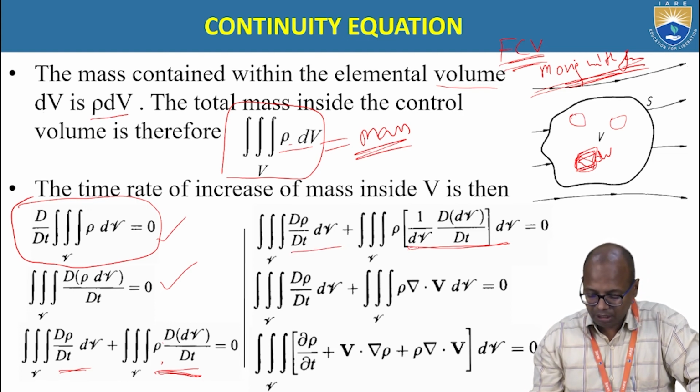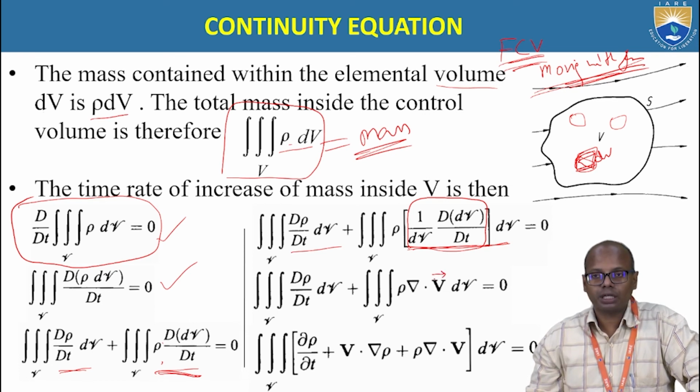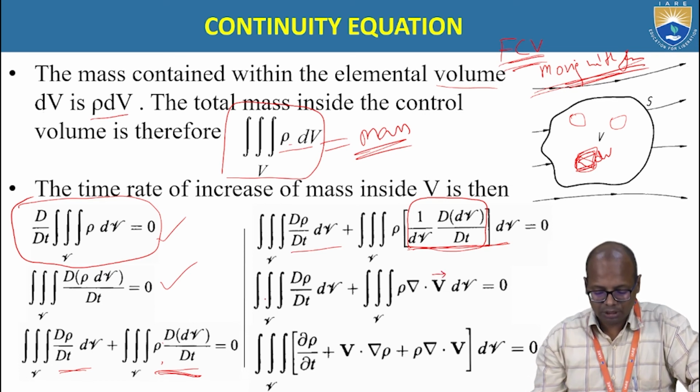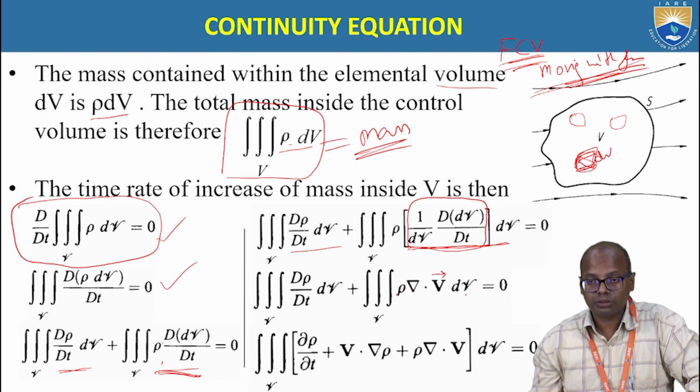Now the term inside this bracket is 1 by dV d by dt of dV. This is nothing but the physical meaning of divergence, so I can replace this term with del dot v bar. So we have the volume integral of d rho by dt into dV plus the volume integral of rho into del dot v bar into dV.